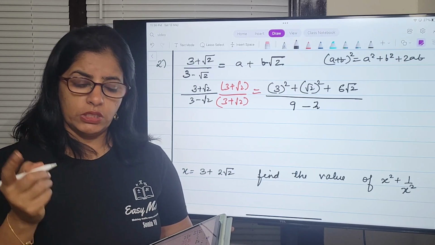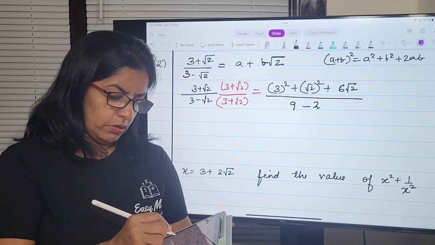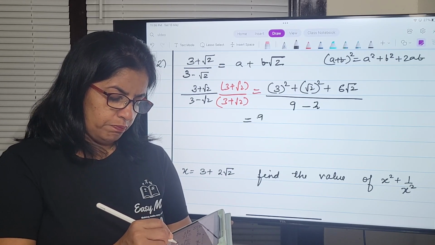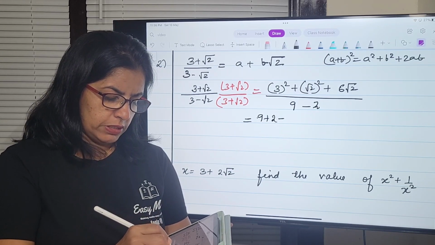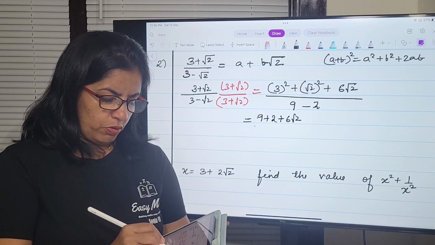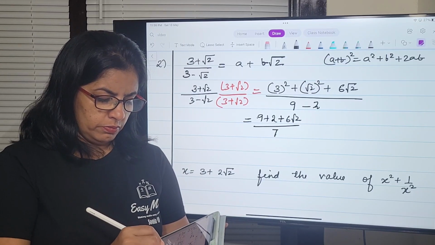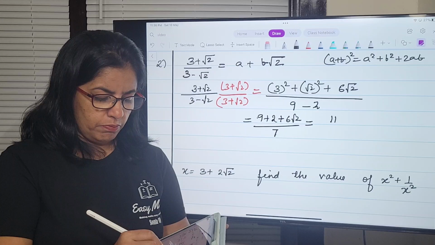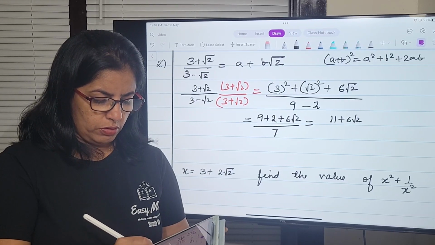Root 2 square is 2. So you get in the numerator 9 plus 2 plus 6 root 2 upon 7. So this is 11 plus 6 root 2 upon 7.